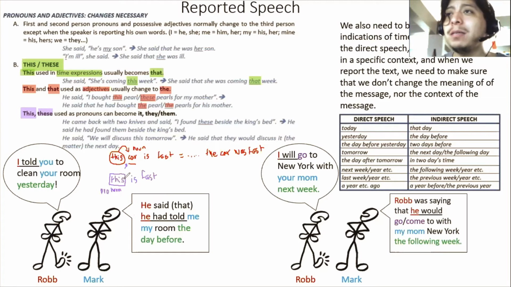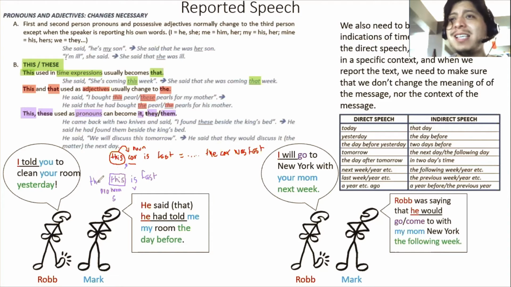el this o el this funcionando como pronombres, aquí lo tenemos como pronouns, entonces se convierte en it, they or them, ¿sí? This, cuando es un pronombre, es el sujeto de la oración. This is fast. Como es el sujeto, va a ser it o they. Va a ser it porque es uno solo.